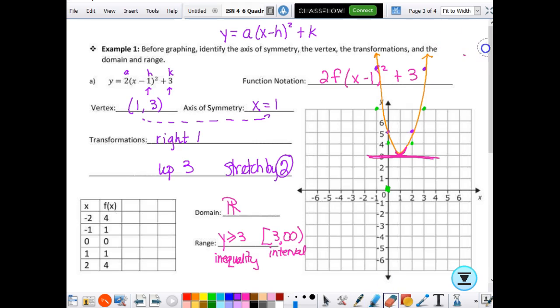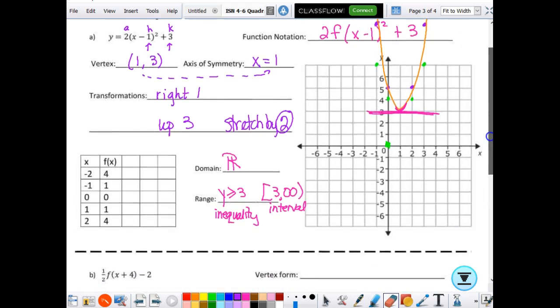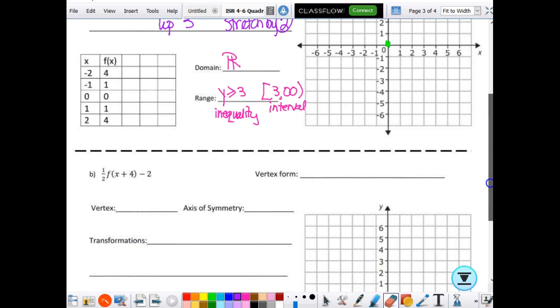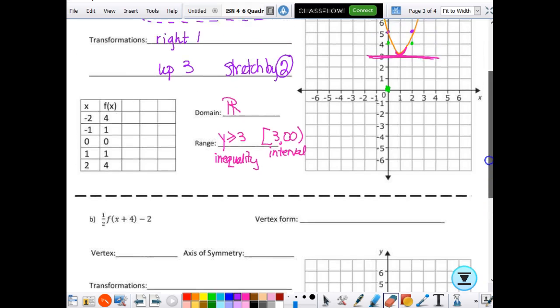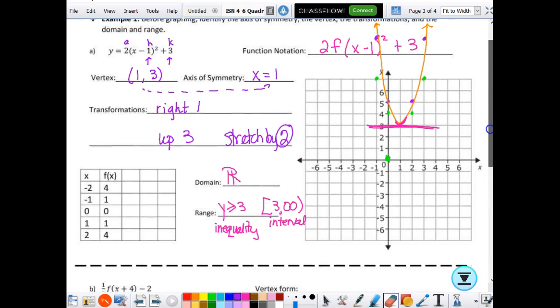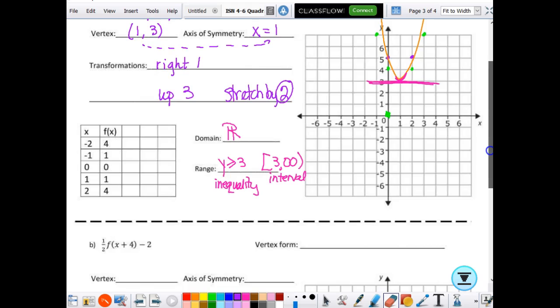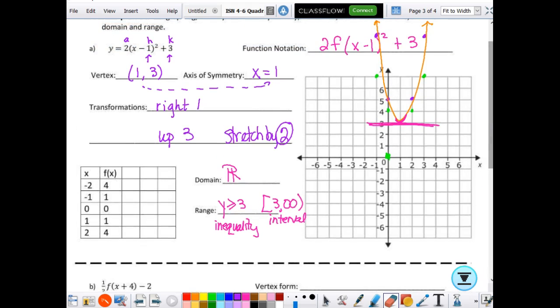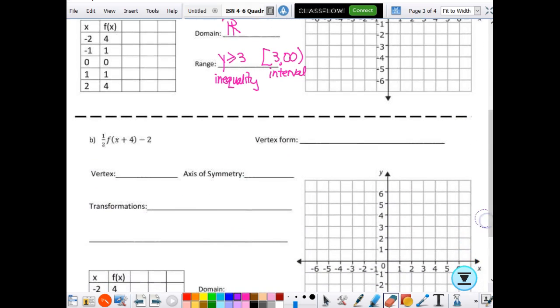I've got to double check on that. Questions about that one? In your Delta Math, I don't think you're going to have one that has all 3. You're probably just going to have questions that have the 2 or the A value in the front.